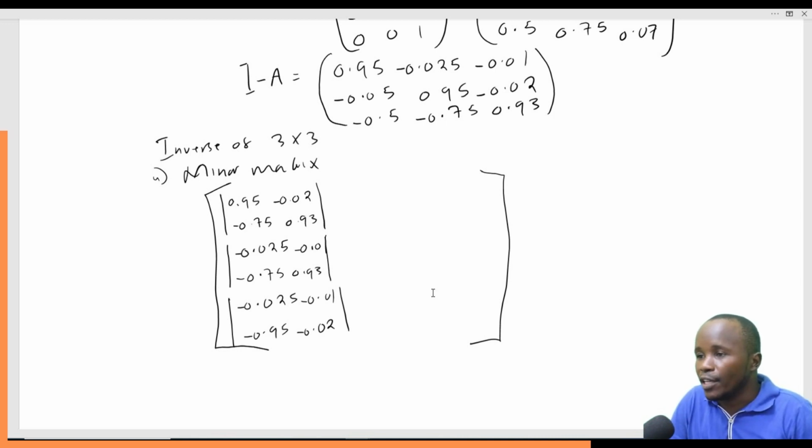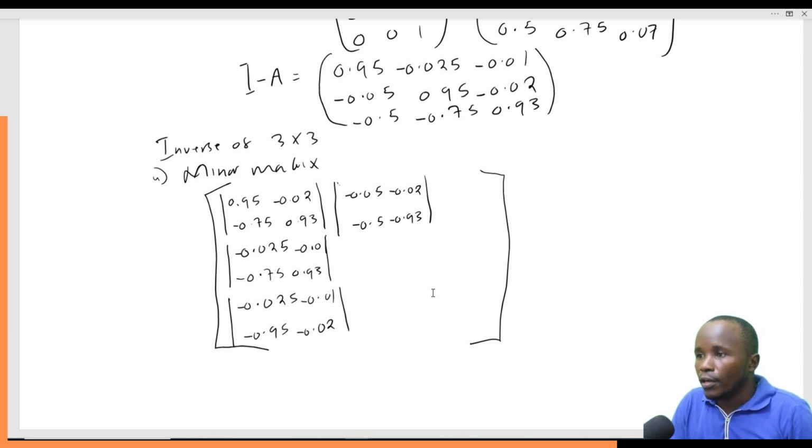So I go to the second row, first column, I look for the minor matrix. So here I'm going to cancel the rows and columns touching negative 0.025. So that gives me negative 0.05, negative 0.02, negative 0.5, negative 0.93.